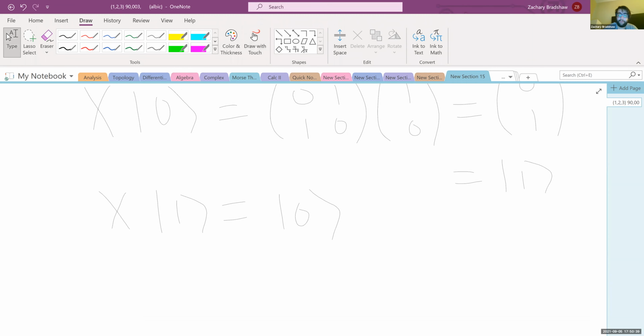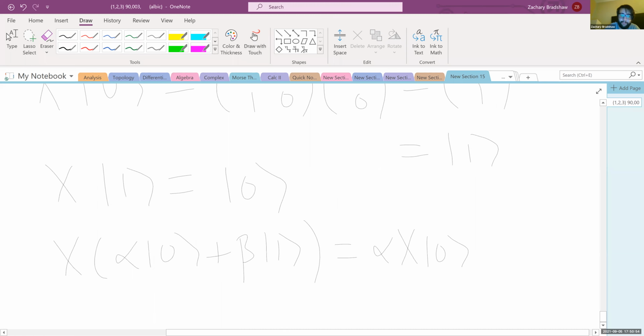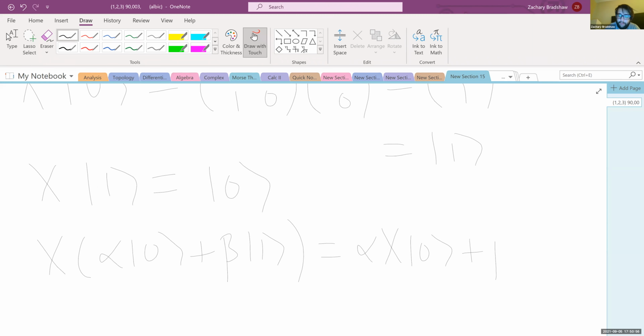So then what you get on an arbitrary state, alpha 0 plus beta 1, well, again, you can just distribute this and move past the constants. This is alpha 1 plus beta 0.